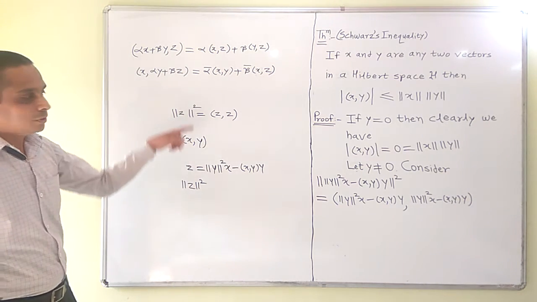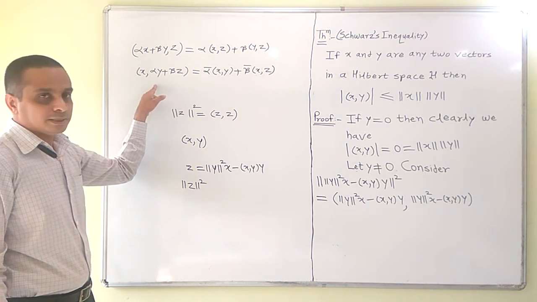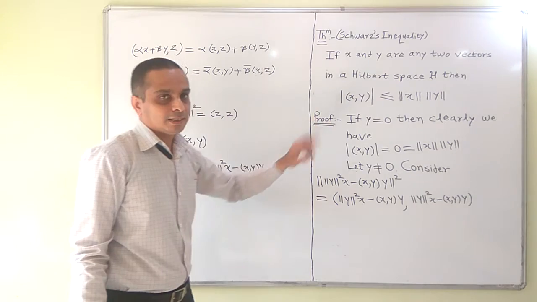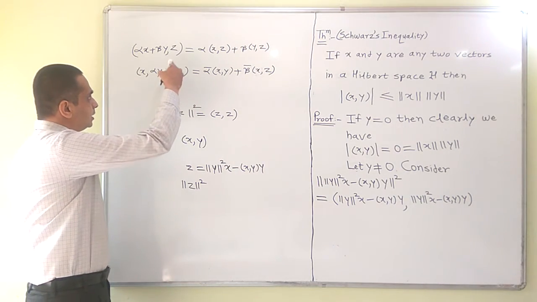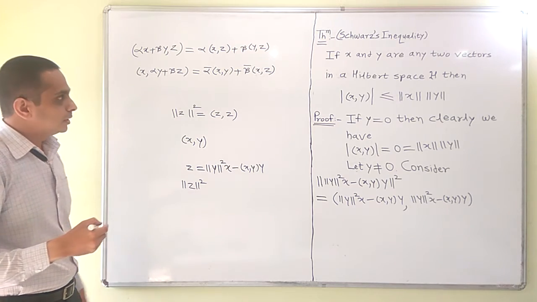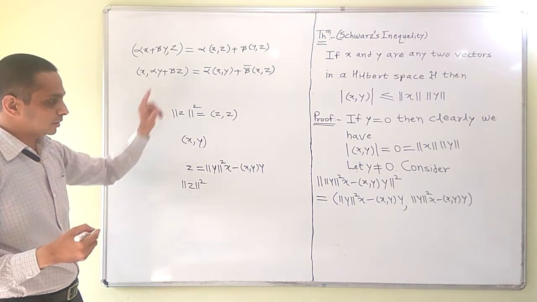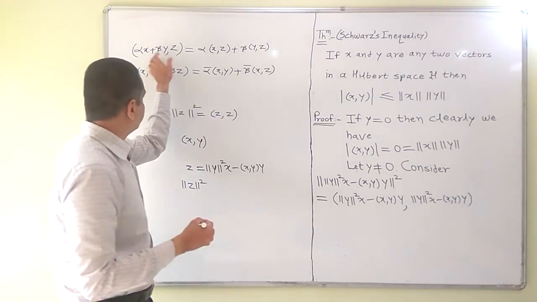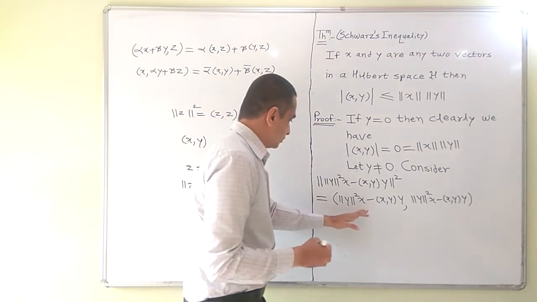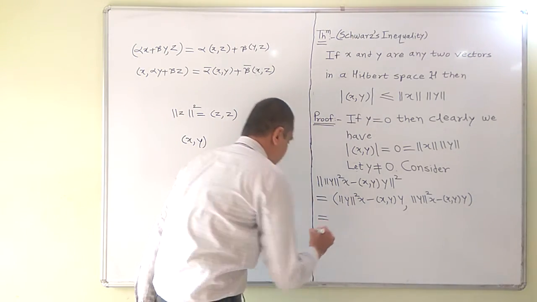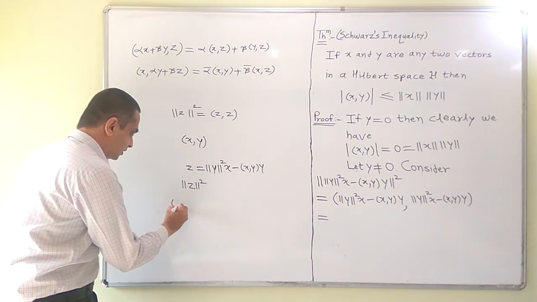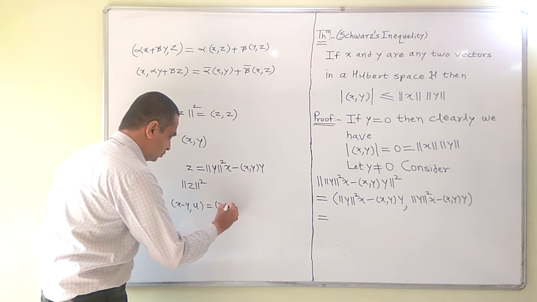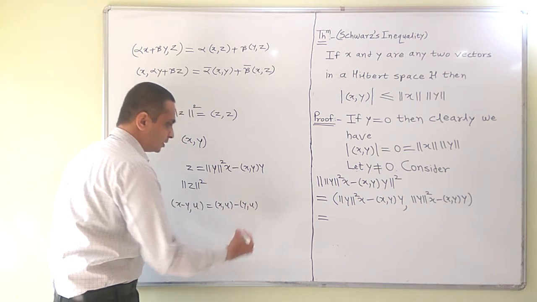So the whole proof makes use of these two properties. It is just a matter of calculation to prove this inequality, and the whole proof depends on these two properties. So remember these two properties of inner product. Here first I am separating this, so I am using this property first. In fact what I am using in this step is simply the inner product of x minus y with u equals inner product xu minus inner product yu. That's what I am using.